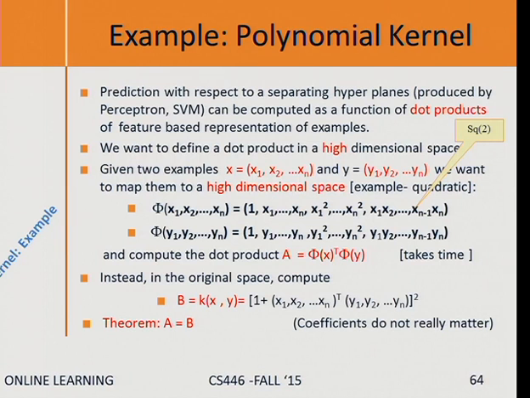The theorem is that A is equal to B. This is the kernel trick theorem instantiated here. In fact, I'm cheating a little bit because for this to be really equal, I should have put square root of 2 as coefficients here. You know this. You've known this in, I don't know, middle school. Just x plus y all square.